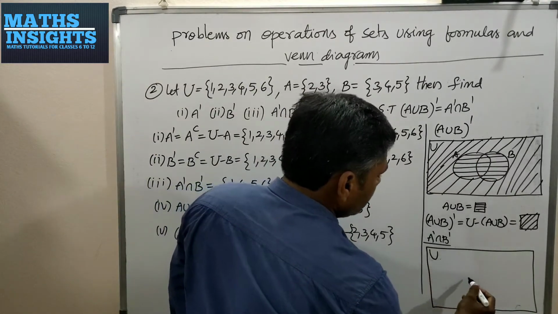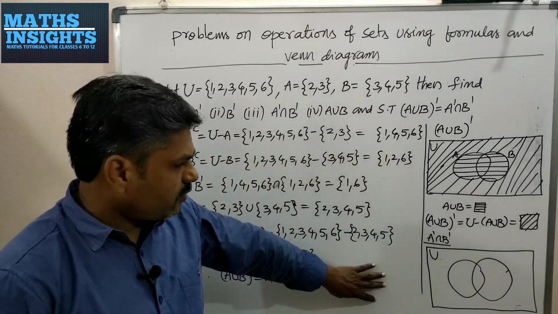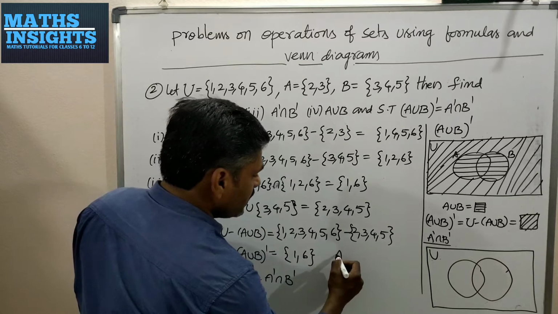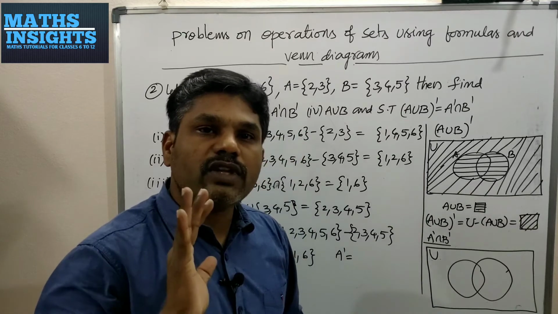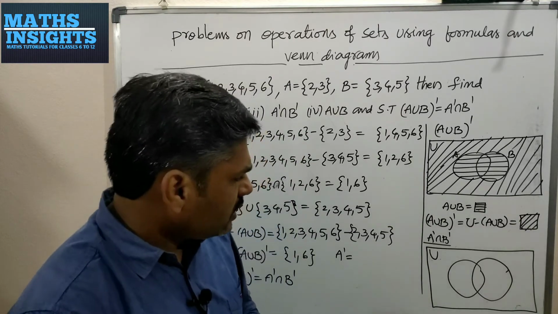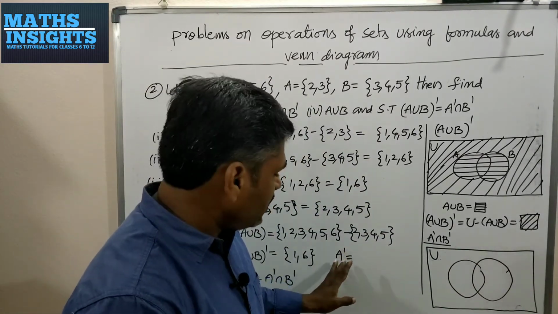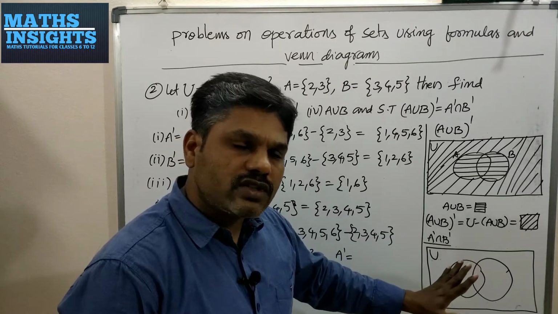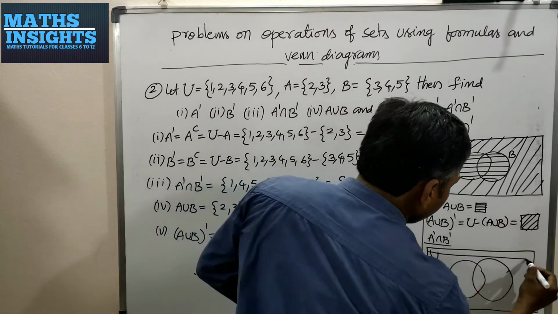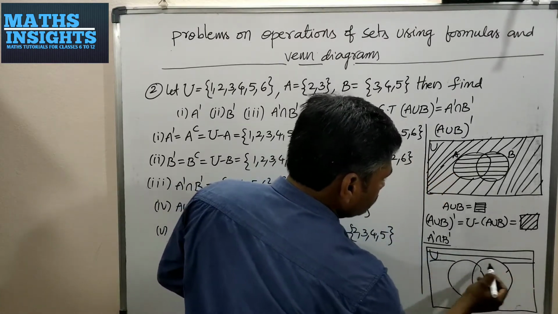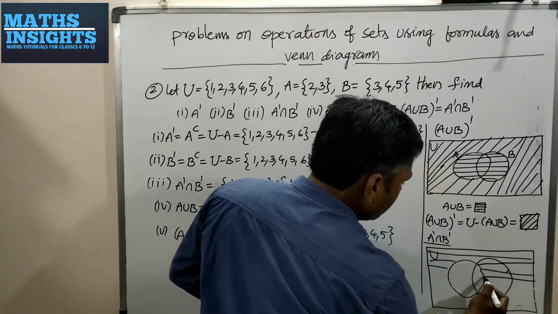I have drawn the same, and the sets A and B. So I am representing A dash. A dash means you have to remove A from the universal set. That means you have to remove this one. If you remove A from the universal set, then this is the remaining area. I am representing it with horizontal lines. Okay, you have to draw up to A. We are removing A only.